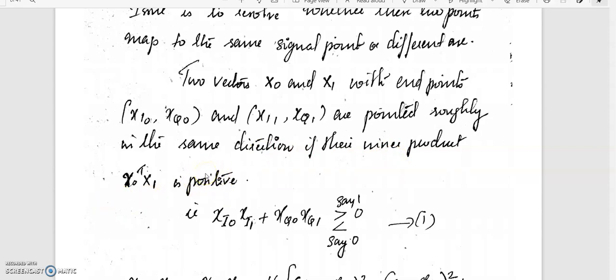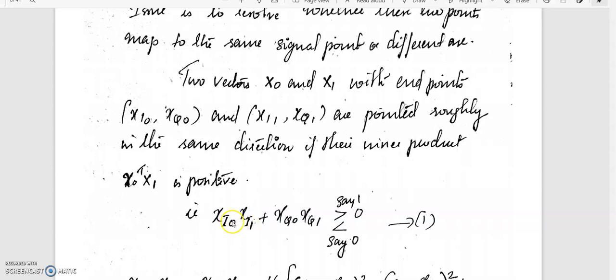That is the condition we are applying here. So we have to check whether there is a change in the phase or whether it remains in the same phase.